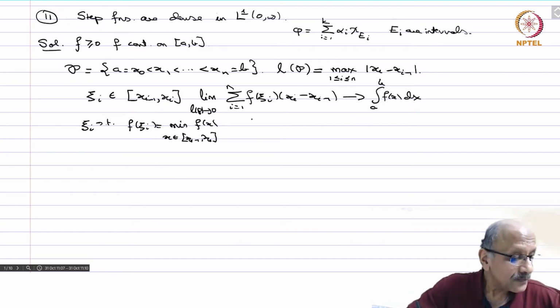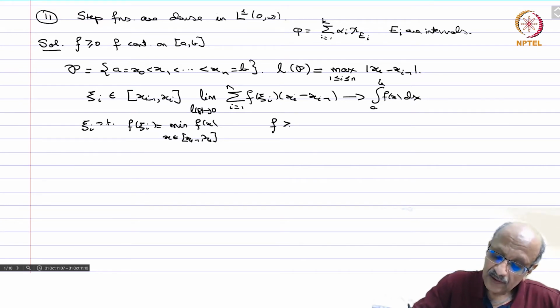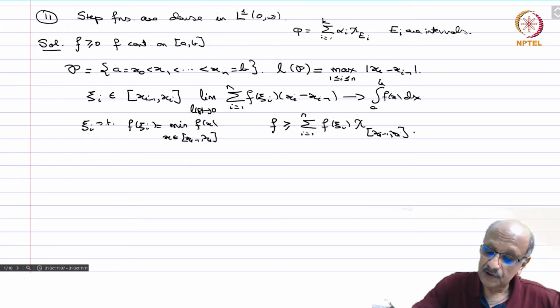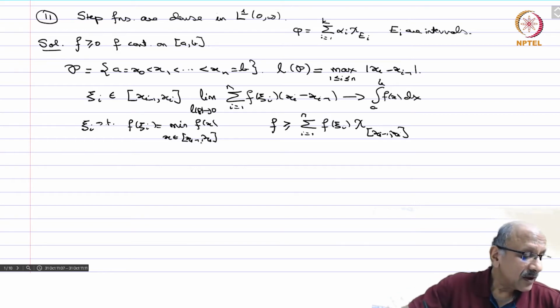So then you have that f is greater than or equal to sigma i equals 1 to n of f of xi_i chi of [x_{i-1}, x_i]. So this is a step function.